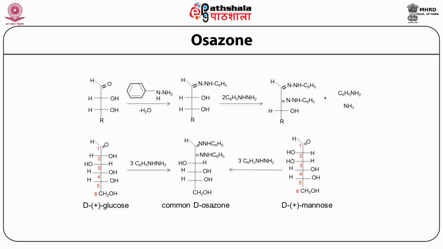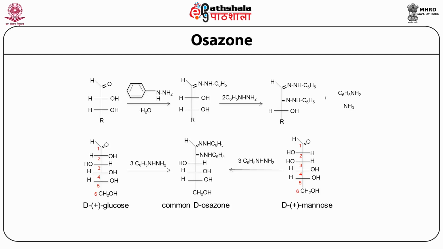This linear form will then continue to react with phenylhydrazine in the presence of acid. The acid will protonate the oxygen of the aldehyde group, followed by reaction with the first molecule of phenylhydrazine. Since this free aldehyde group is not present in the cyclic form, it is exclusively the linear form that will react with phenylhydrazine to give rise to osazone derivatives of the sugar. So this is point one.